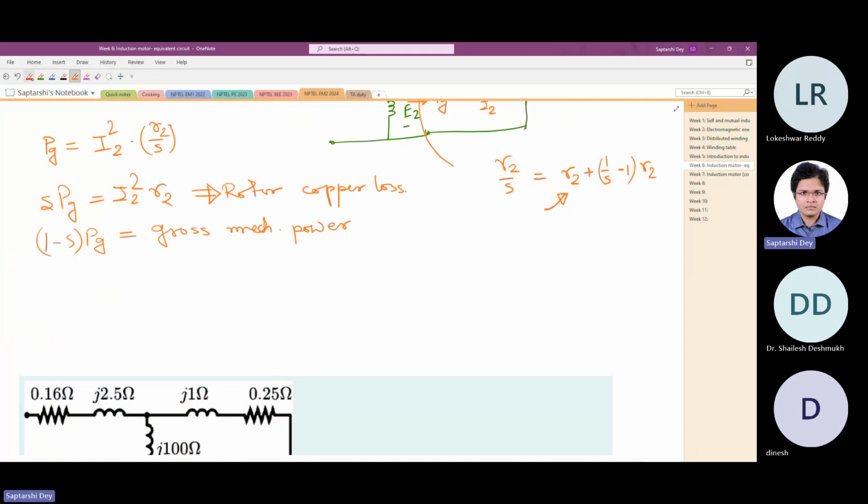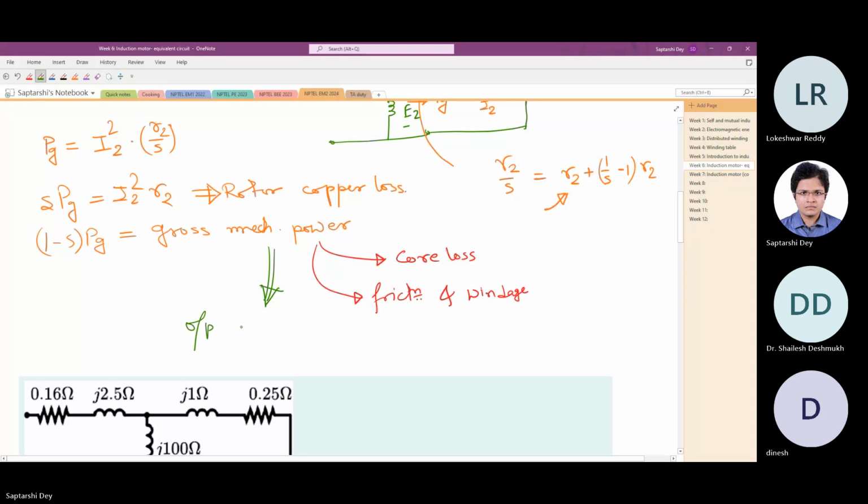Now from here, two losses go out. One that goes out is core loss. Another one that goes out is the friction and windage loss. After this, what is remaining is what we actually get at the shaft.